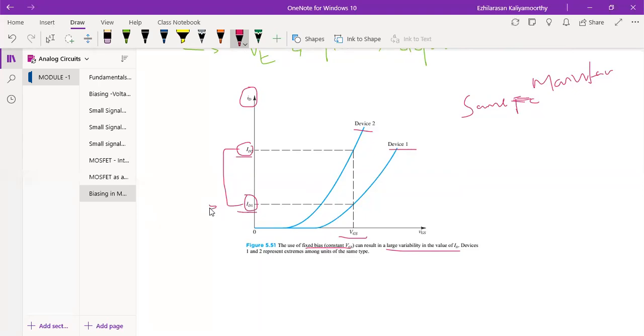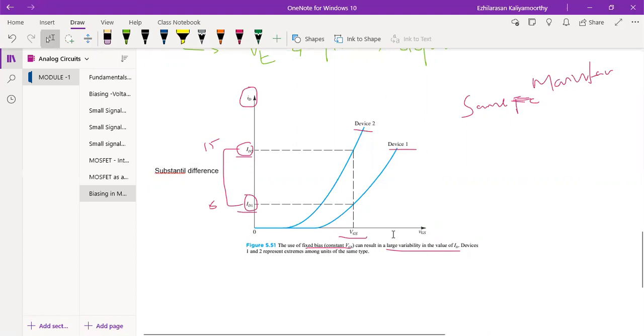Assume this is 5, and this will be 15 or 20, for example. There is a substantial difference here. That is why I said this biasing is not a good approach.